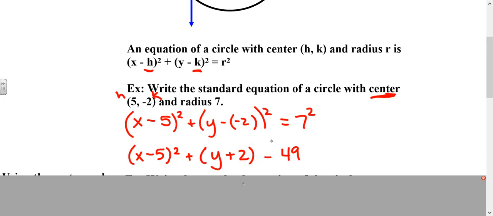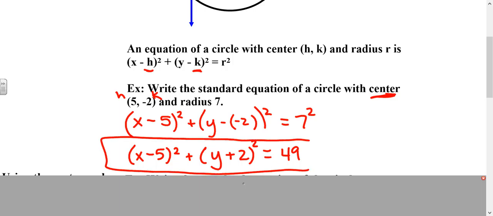So we have (x - 5) squared plus (y + 2) squared equals 49. That would be our equation of our circle if the center is (5, -2) and the radius is 7.